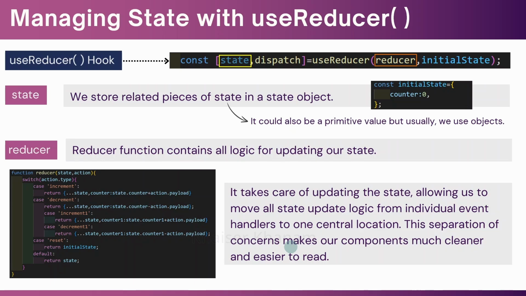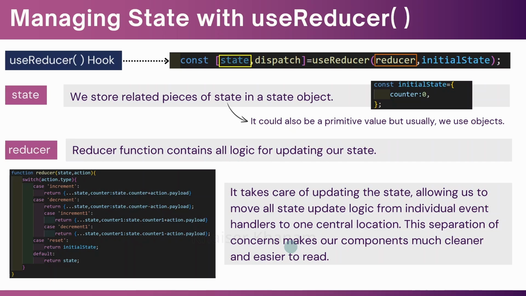This separation of concern makes our component much cleaner and easier to read. If you are a beginner, then by looking at this, you can easily tell that when I am performing increment, I am increasing the value by 1, while when I am performing decrement, I am decreasing the value by 1. So by reading these cases, you will understand what operations we are performing.